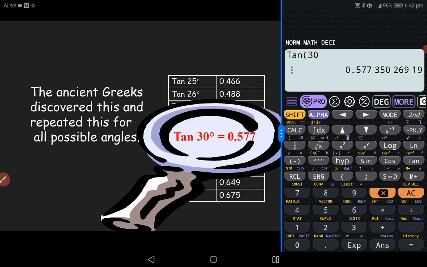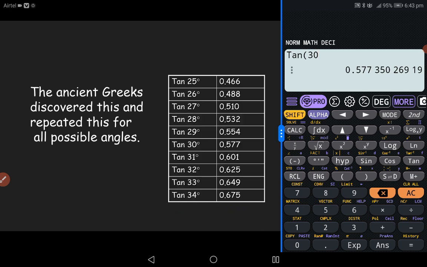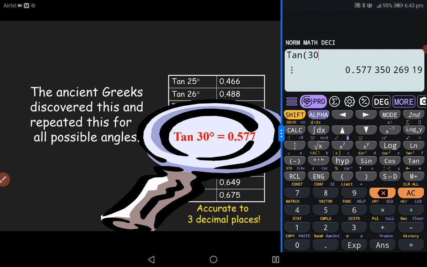If you go to 30 degrees, it is found to be 0.57, which when you round off, will give you 0.6, which we found earlier on. The figures are accurate to 3 decimal places.